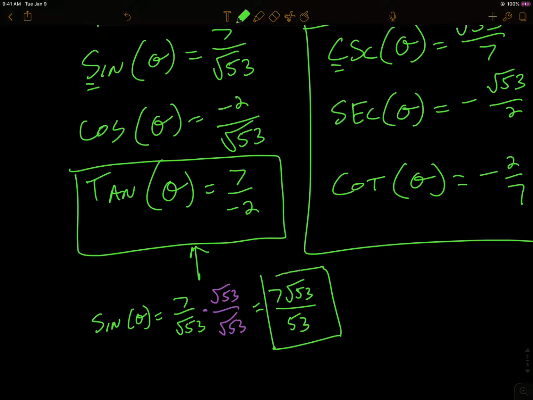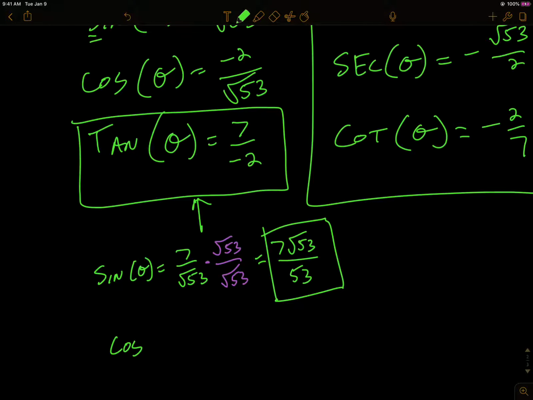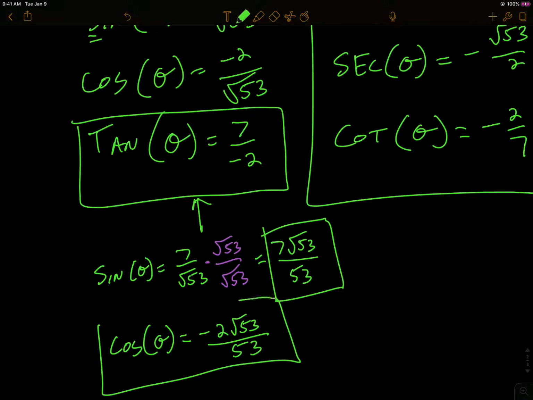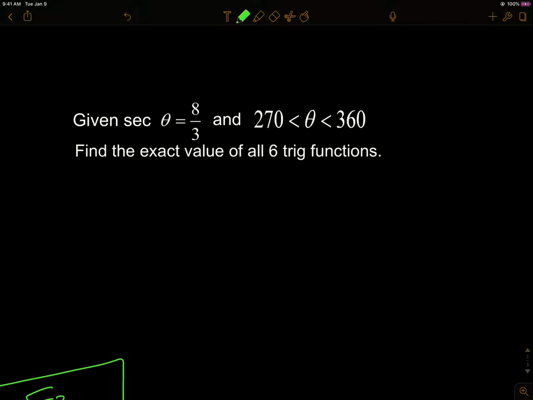There's no reducing going on there because, again, 53 is prime. So that would be the sine value. And then the cosine value through a similar process would be negative 2 root 53 over 53. This one we're going to talk about in class together.